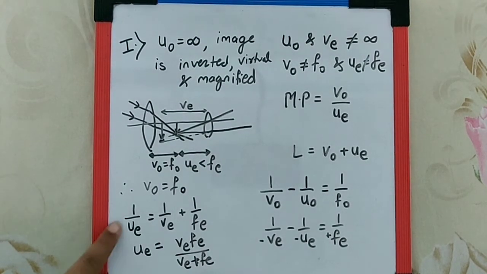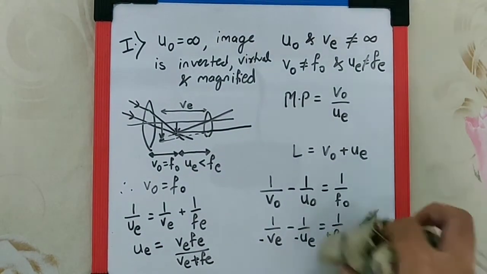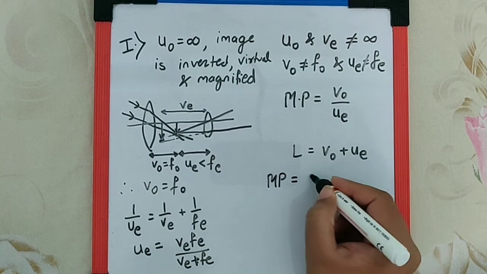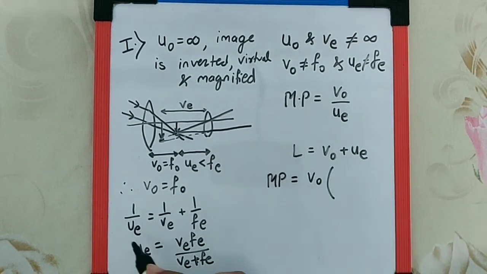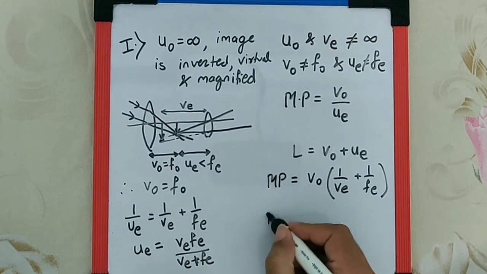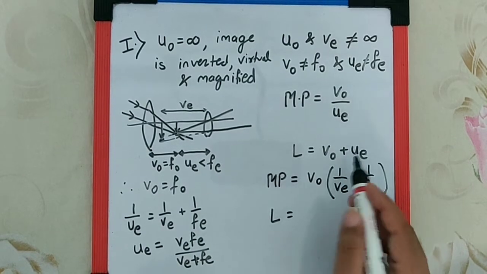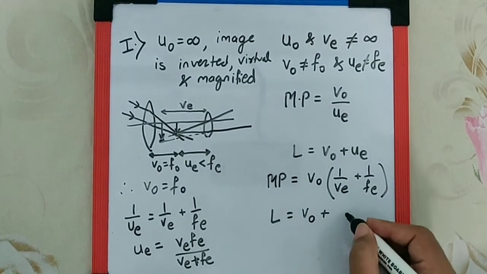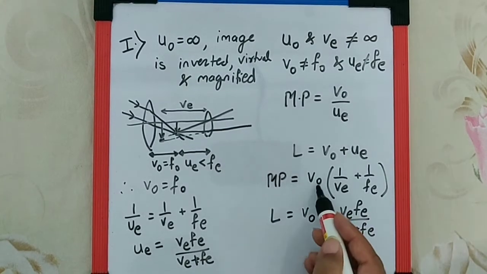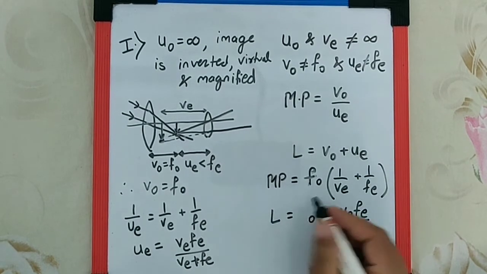So now if we got these two values, and if I try to substitute these values in these respective formulas, we get the magnifying power as VO into 1 by UE, where instead we get 1 by VE plus 1 by FE, and the length of the telescope, which is VO plus UE, will become VO plus, instead of UE we can substitute VEFE upon VE plus FE, and definitely VO can be substituted as FO, which means this becomes FO and this becomes FO.